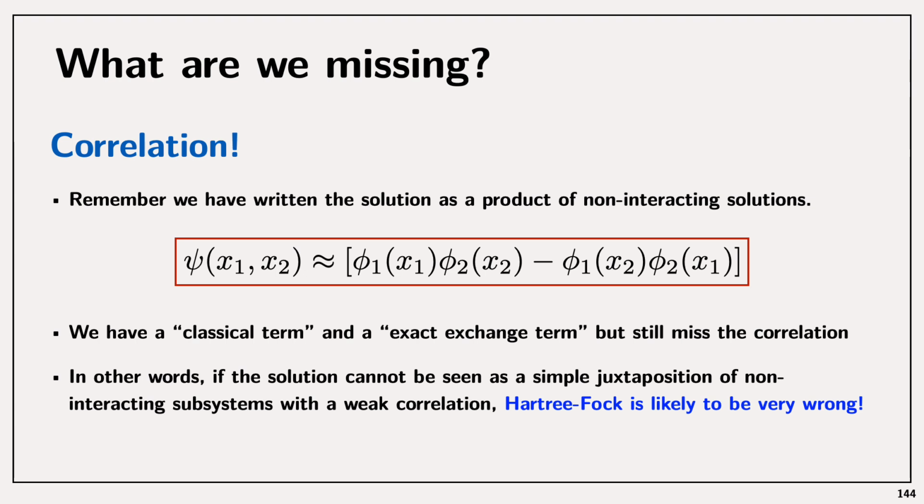Well, unfortunately, it is a big deal, because that energy, as small as it is, is enough to really be responsible for all the quantum physics that happens in materials and molecules. So that's actually what differentiates a system from being classical plus exchange and being fully quantum mechanical.